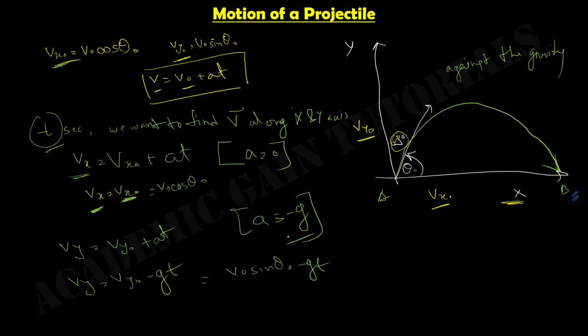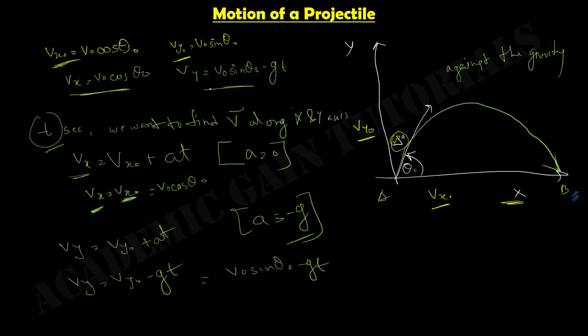So we derived two more equations: Vx equals V naught cos theta naught, and Vy equals V naught sin theta naught minus gt. After t seconds, these equations help us find the component velocity along the x-axis and the component velocity along the y-axis.